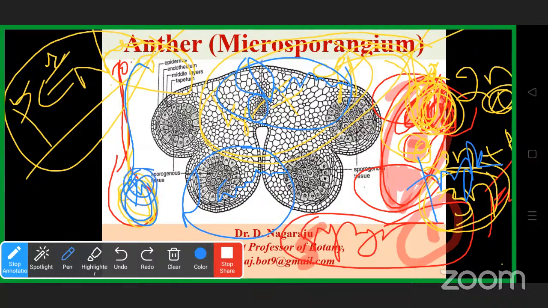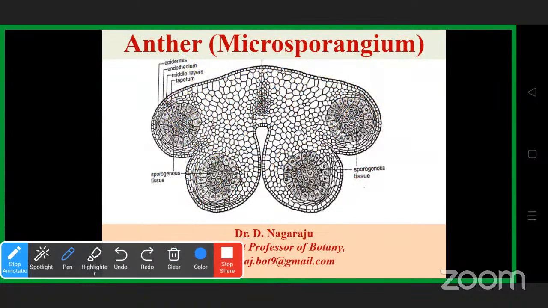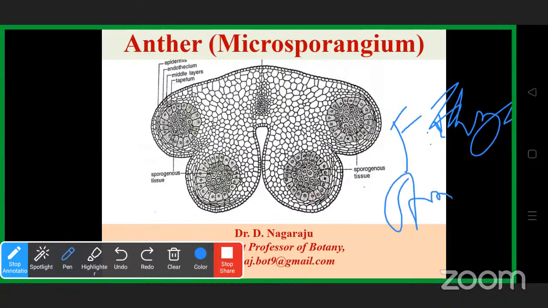That is called syngamy. That was first identified by Strasburger. Strasburger we call the father of embryology. Who is the father of embryology? Strasburger, who first identified the fertilization process.